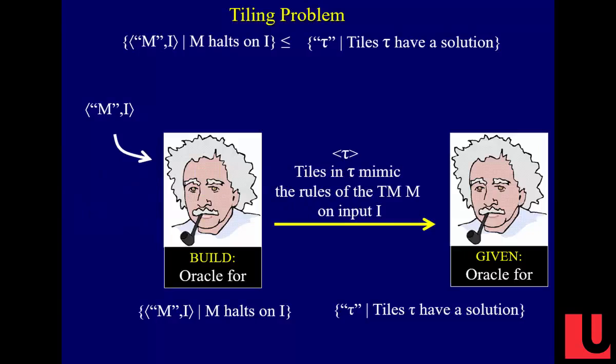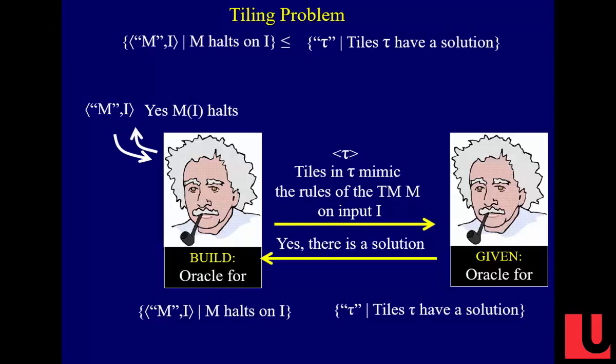So you make all these tiles, and the tiles somehow tell you what the Turing machine is allowed to do, right? And also hardwired in the top is that the input has to be the right input at the beginning, right? So that's all put into the tiles. And then if there's a solution, then the Turing machine halts. Right, people following this?